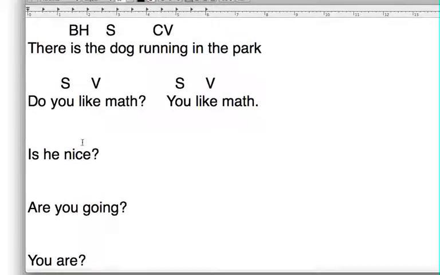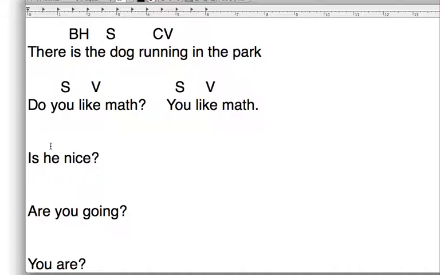Is he nice? Well, he is nice. He is our subject, is the verb. So in this case, verb comes first and then the subject, right? This is the same as he is nice. I'm just asking it as a question, and to show that it's a question, I reverse the verb and the subject order. Are you going? Well, again, here's one with a be helper and a continuing verb, right?